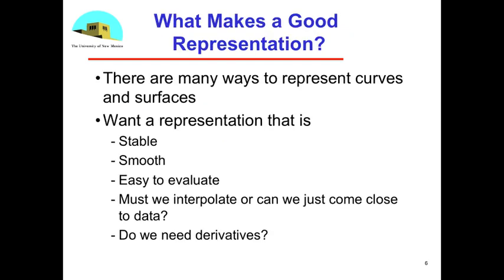So if you look at the various representations, let's keep in mind the following points. First, stability is an issue. If we change any input data a little bit, we want the resulting curve or surface to only change a little bit. We want smoothness. If you pass a surface through a bunch of points, but the resulting surface has a lot of jaggedness to it in order to force it to pass through, that's not a particularly useful surface.